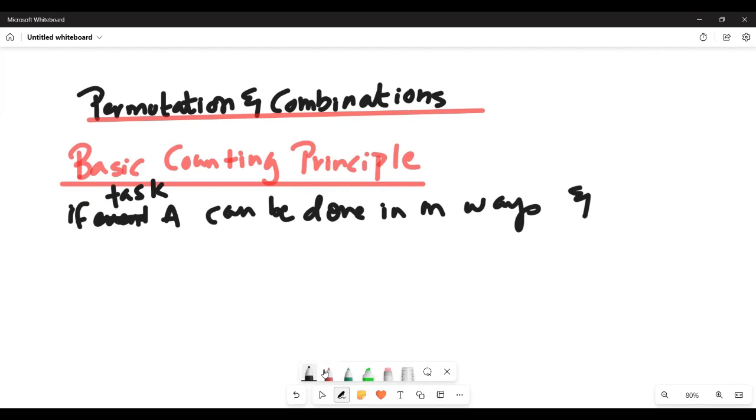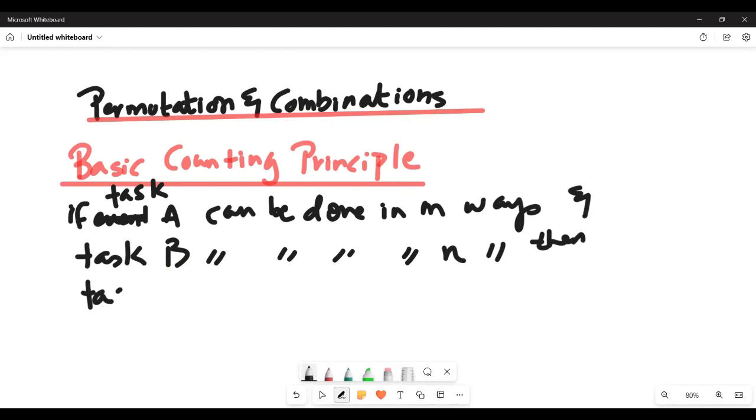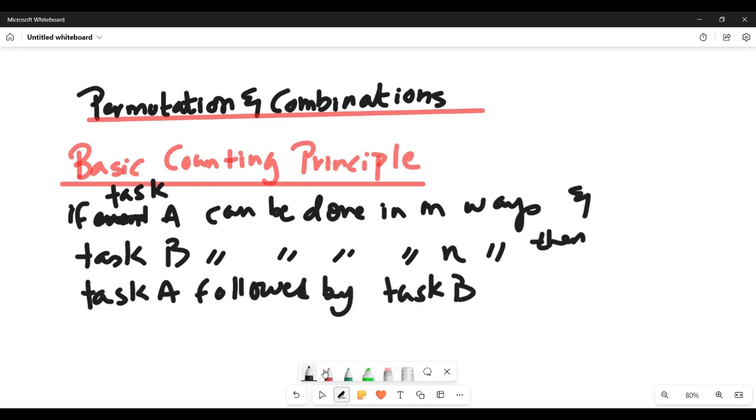If task A can be done in M ways and task B can be done in N ways, then task A followed by task B can be done in M times N ways.